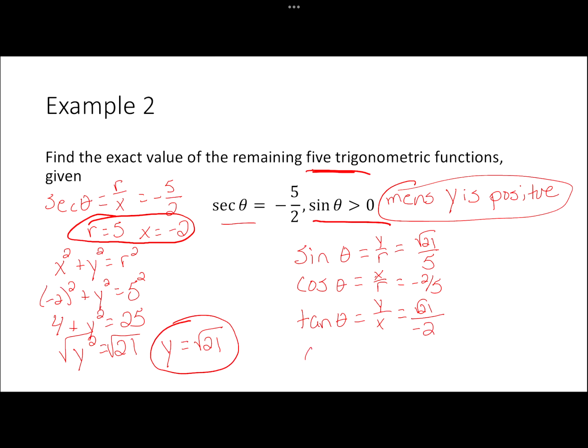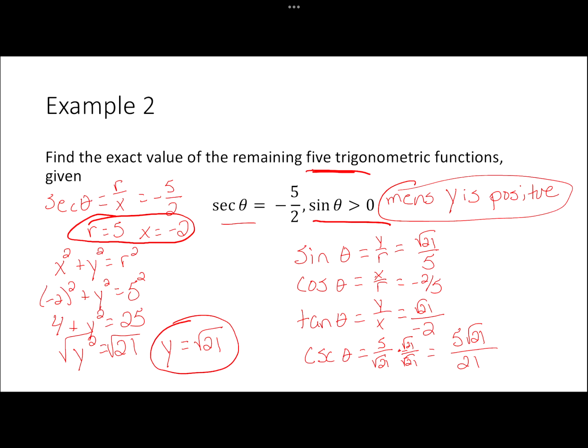Okay, cosecant. So cosecant is the reciprocal of sine, so it would be 5 over radical 21, but we can't have our radical on the bottom again. So if we multiply, remember, by radical 21 on top and bottom, that would give me 5 rad 21 all over 21 for my cosecant.